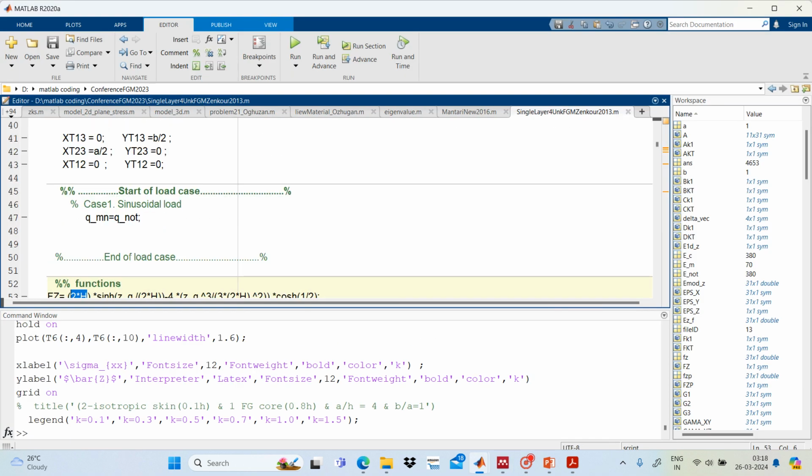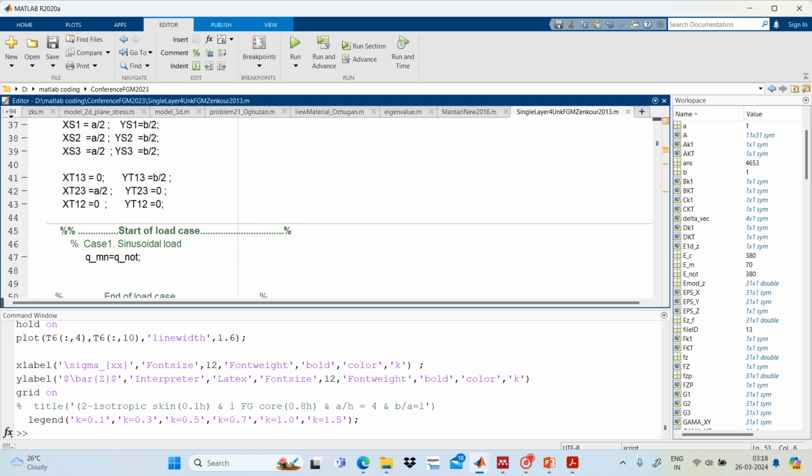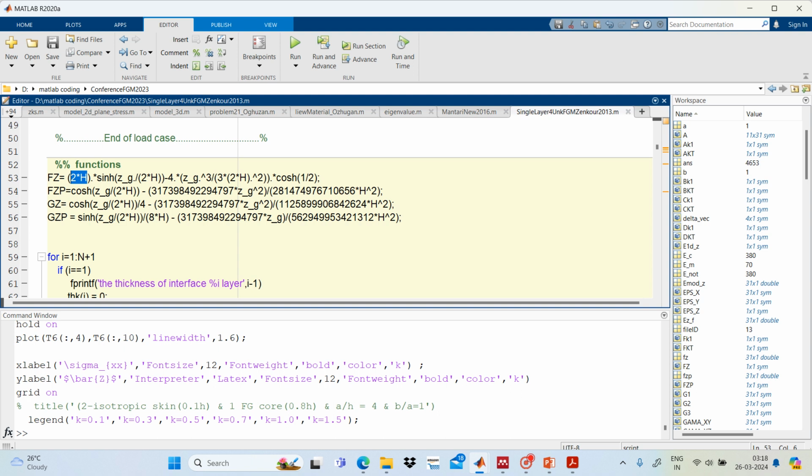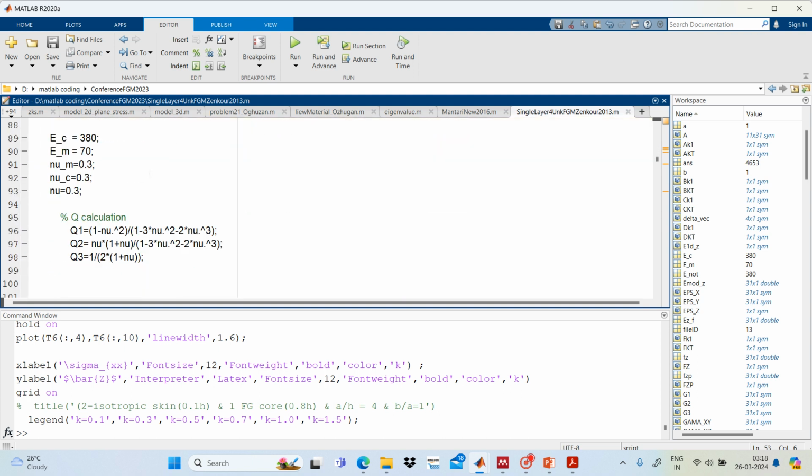We will run the code and see how it is distributed for the various layers. Material properties are also given: for the ceramic it is 380 GPa, and for the metal it is 70. Poisson's ratio for the metal and the ceramic is constant, 0.3. Q1, Q2, Q3 are calculated in a similar fashion, so we will see what results we get.